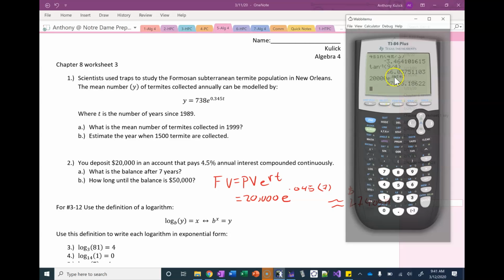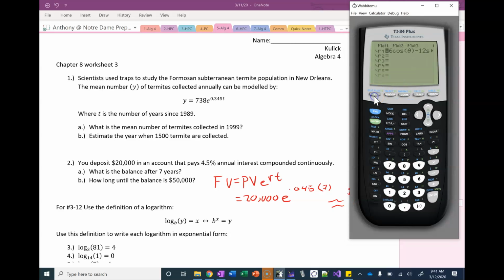So B I'm just going to do on my calculator. I'll change my mode real quick. Okay, so my function is 20,000 e to the 0.045x, and then 50,000.